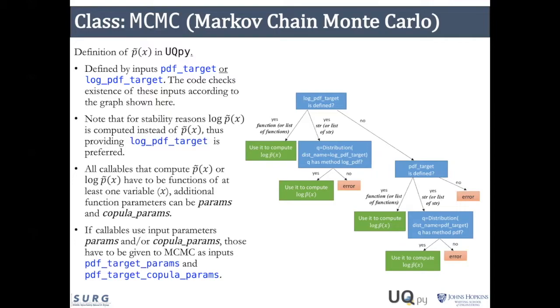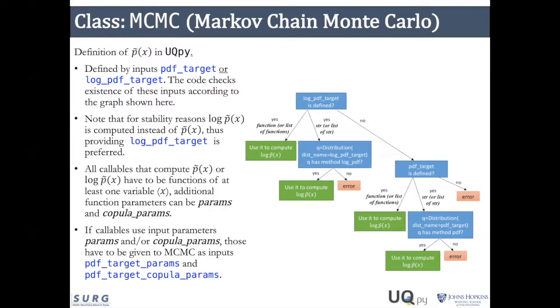If log_pdf_target doesn't exist, then it's going to go and check pdf_target, and it's the same story again. It's going to check whether it's a callable. If it's a string, it's going to build a distribution, and then it's going to check if that distribution has a pdf method. Okay.